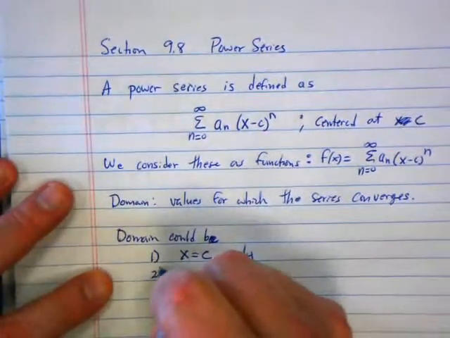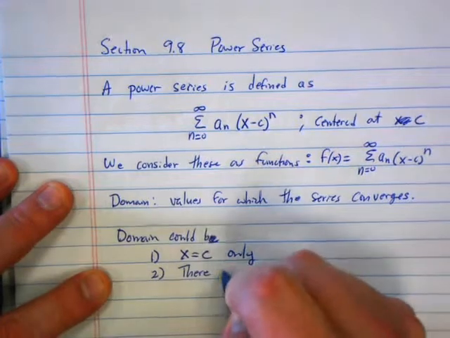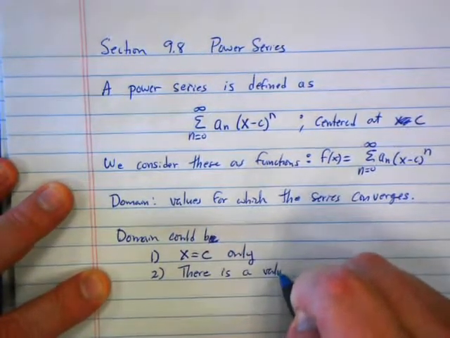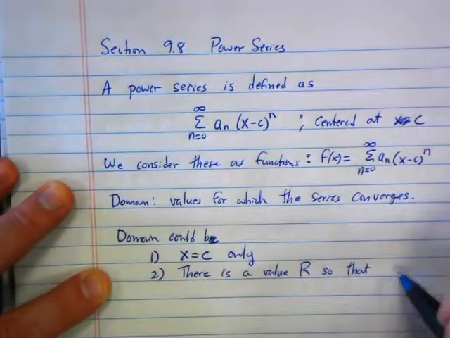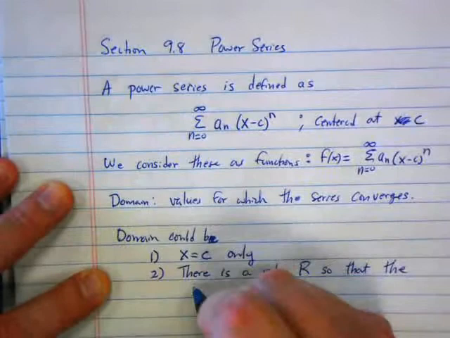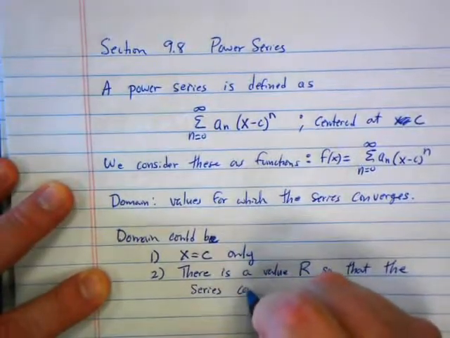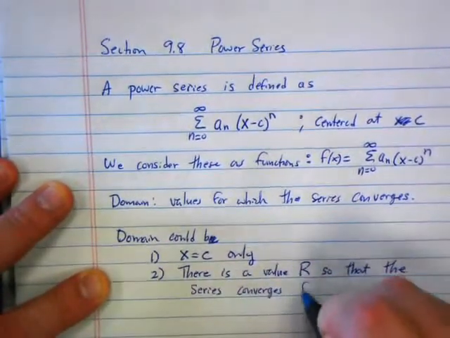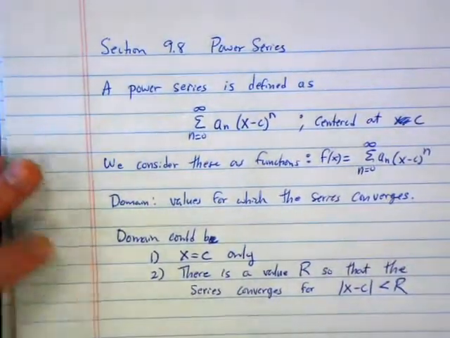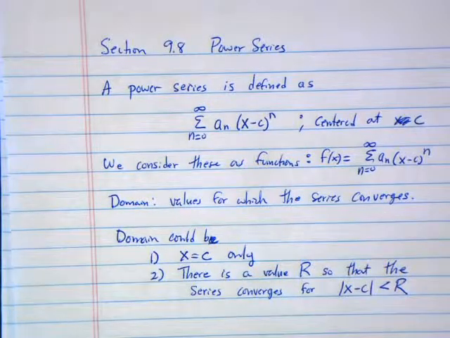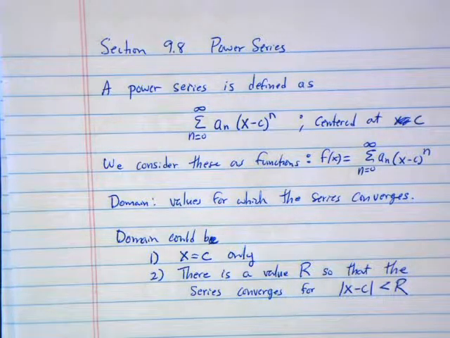Option number two, there is a value r so that the series converges for absolute value of x minus c less than r. We're guaranteed that it converges at c, but it's possible that it might converge at more points.